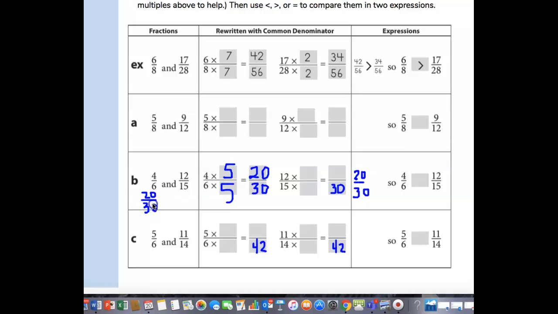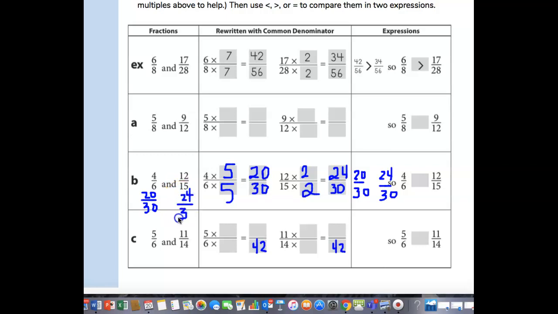All right, now let's find 12/15ths. 15 times what is 30? So we know that 15 times 2 is 30. So whatever we do to the bottom, we have to do to the top. And we got 12 times 2 is 20. Wait, no. 12 times 2 is 24. Okay. Goodness. 24/30.